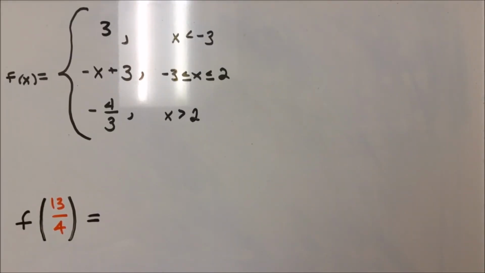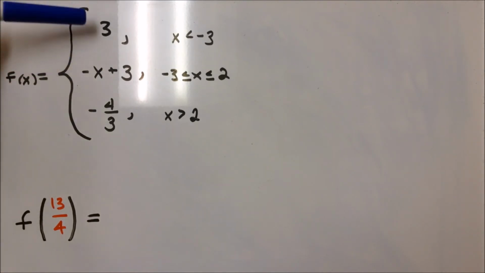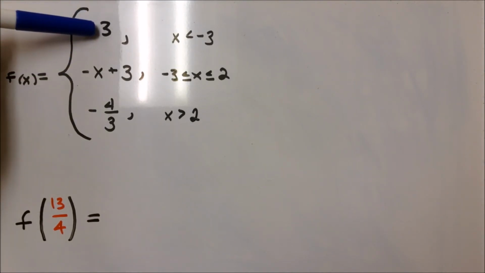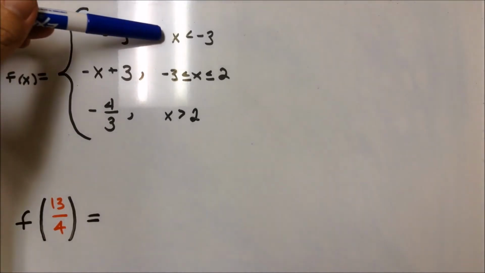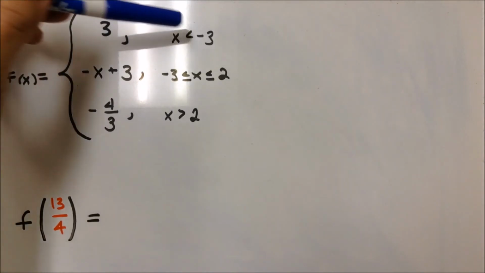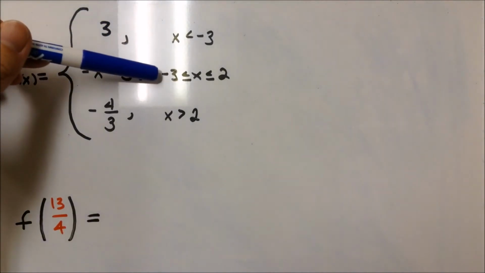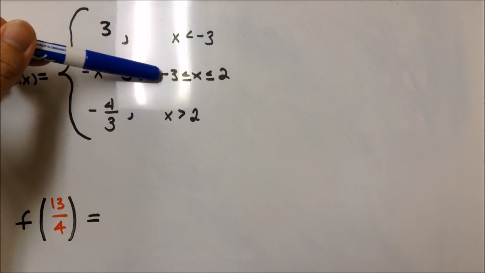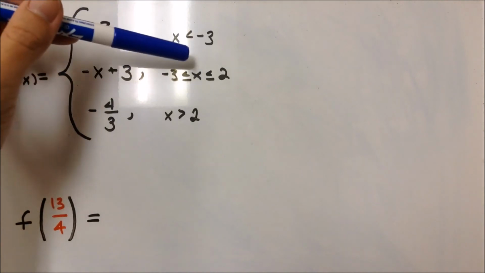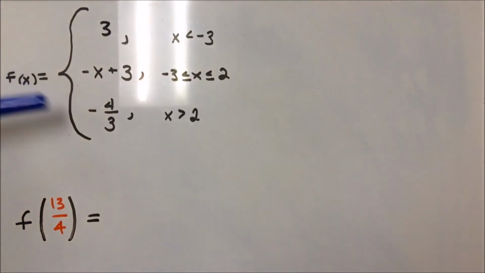Now lastly, we have another piecewise function, 3 parts. First one, constant function 3 with a domain of x less than -3. Second one, negative x plus 3, domain -3 less than or equal to x less than or equal to 2.